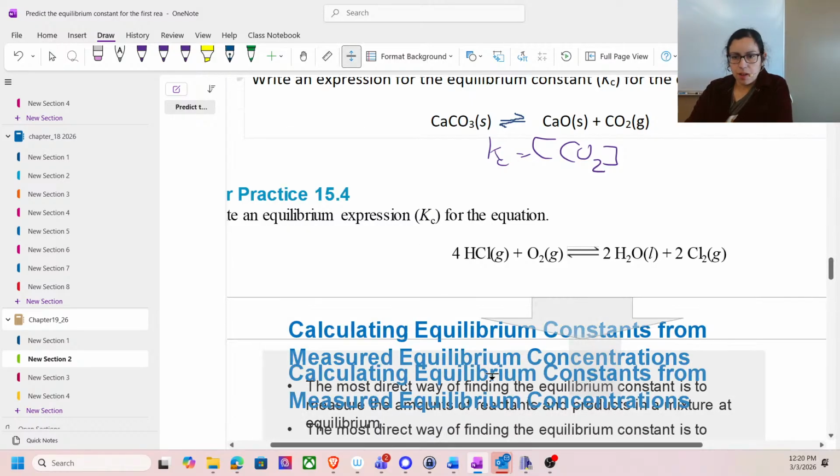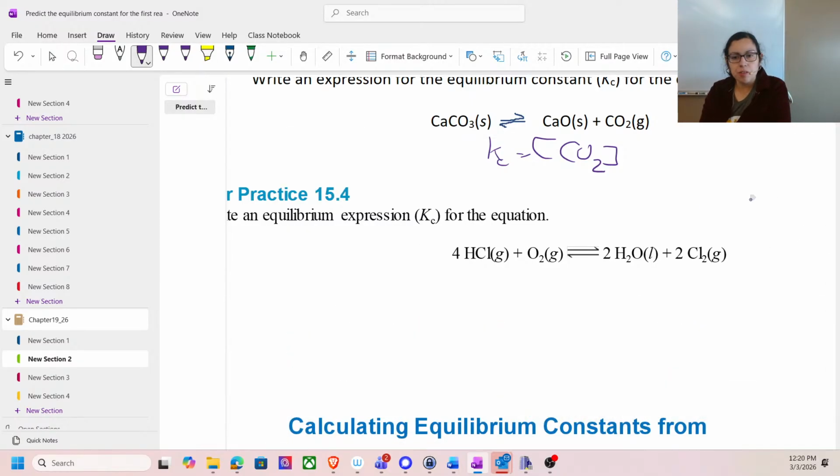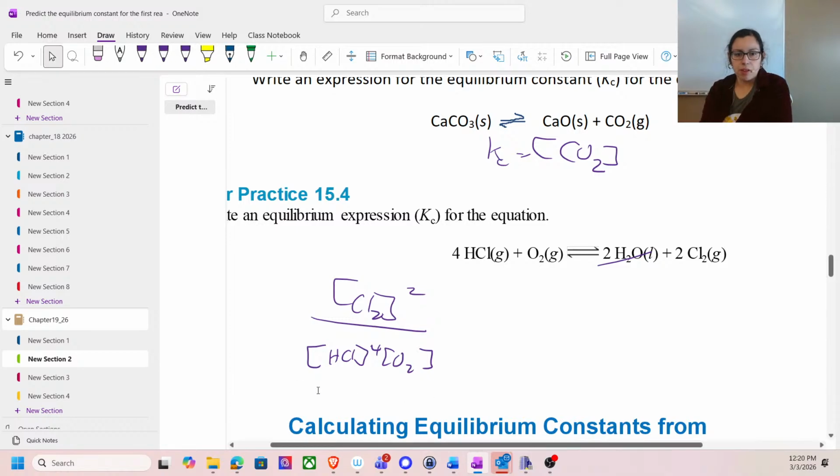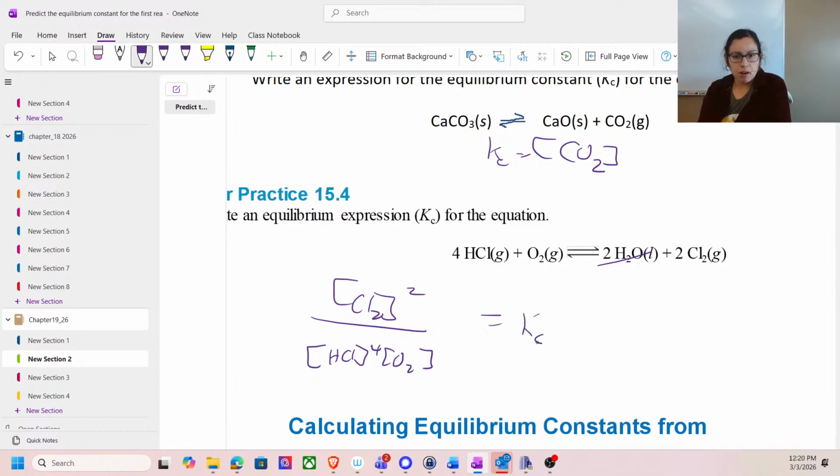I'll write out our expression. We're not going to include water since it's our liquid, so that's our medium. Then we have products to the appropriate power over reactants to the appropriate power. And it looks like Chet has the correct answer as well. That looks good for our Kc expression.